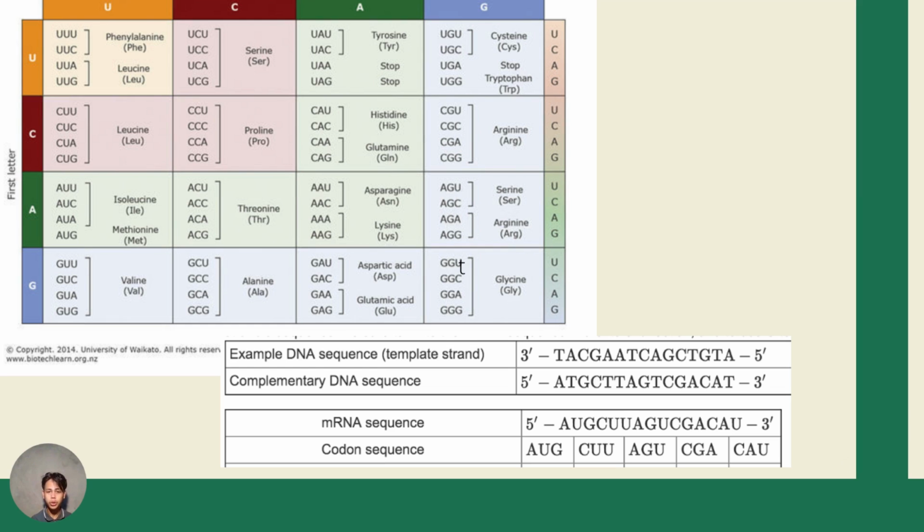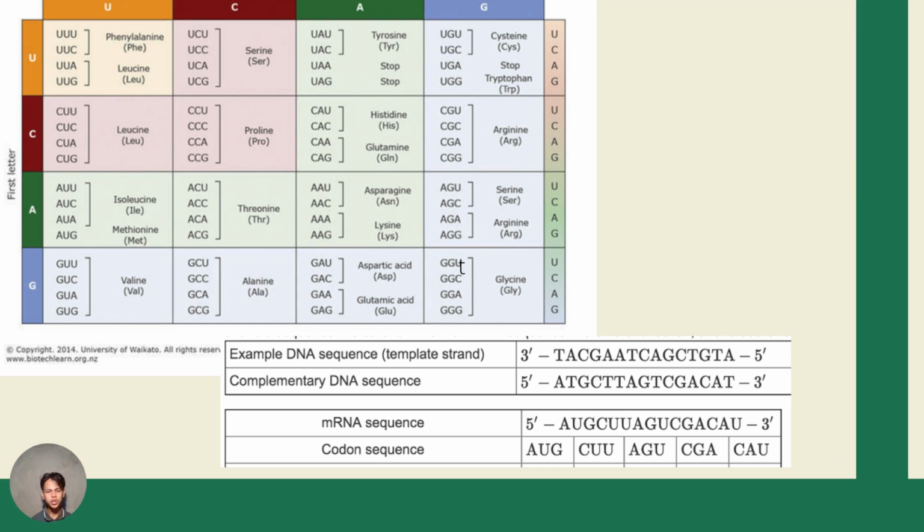So magiging AUG, CUU. Lahat ng T is mapapalitan ng letter U or the uracil. So to find the codon sequence, i-group mo lang siya into 3. So makukuha na natin yung codon sequence.